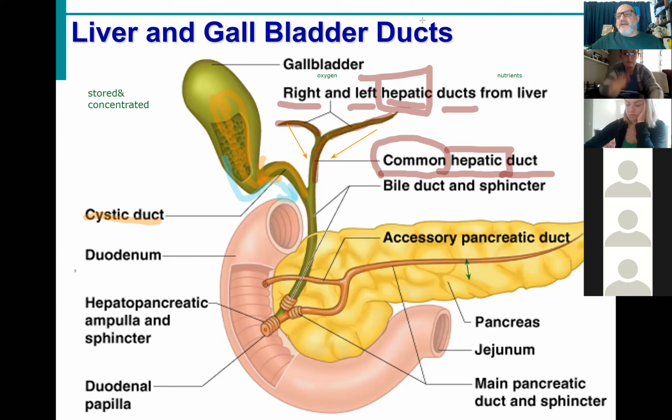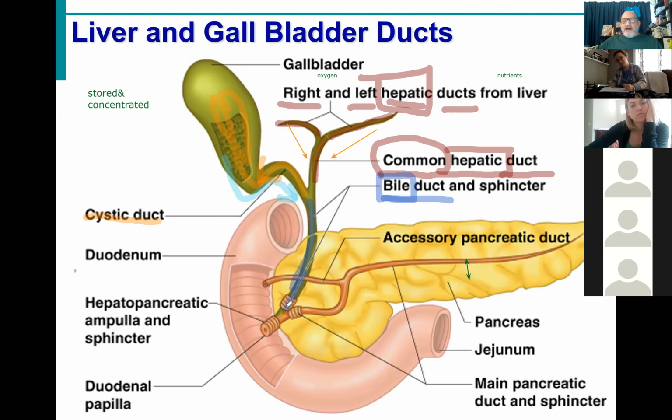And notice that bile coming from the gallbladder and bile coming from the liver all mix together into a single duct, because it contains bile from both the liver and the gallbladder, known as the bile duct or the common bile duct.